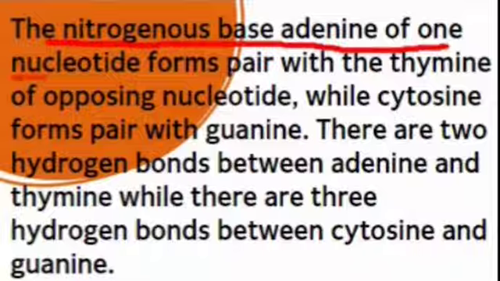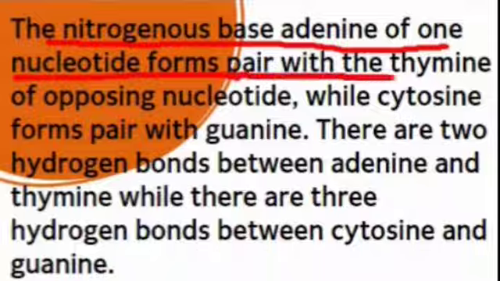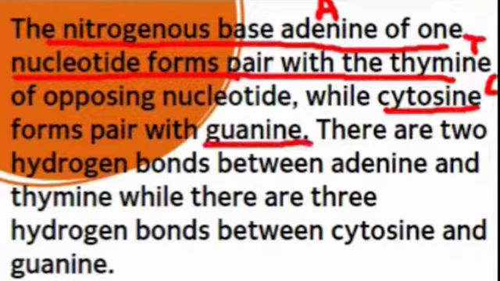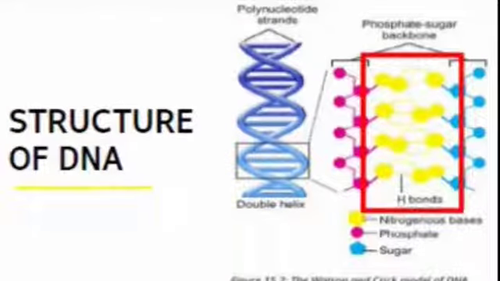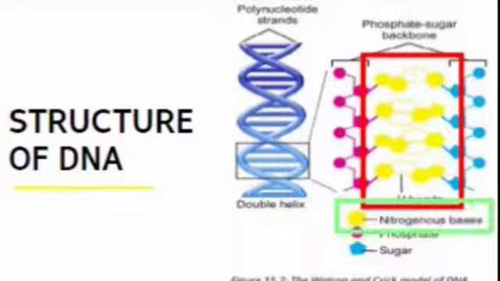The nitrogenous base adenine of one nucleotide forms a pair with thymine. There are 4 nitrogenous bases present in the DNA double helix, namely adenine, guanine, thymine, and cytosine. Adenine forms a pair with thymine of the opposing nucleotide. As shown in this diagram, adenine forms pairs with thymine with double hydrogen bonds, and cytosine forms a pair with guanine.